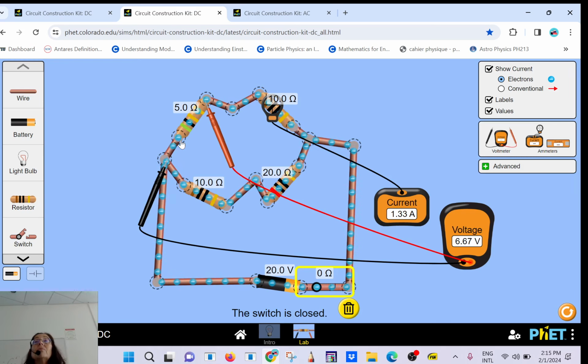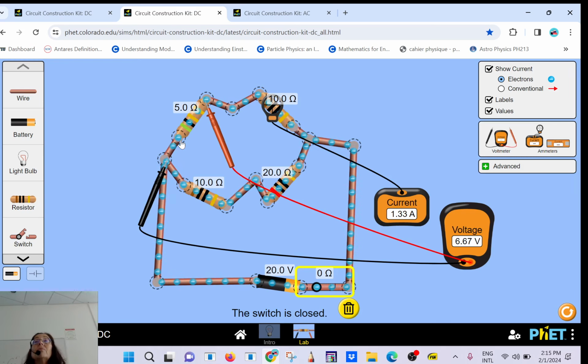Power equals V times I. So this is the same, 120. If it's consuming more energy, that means the current is the largest.